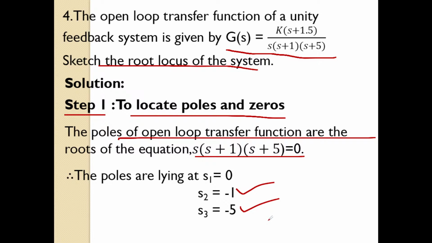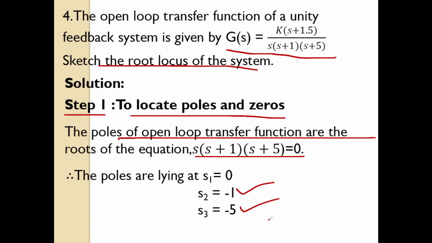Since there are 3 poles, there should be 3 zeros. But here only 1 zero is available, so we will assume that the root locus will start from the other 2 poles and meet the other zeros at infinity. We don't know exactly from which pole the root locus will start and meet this zero among these 3 poles.